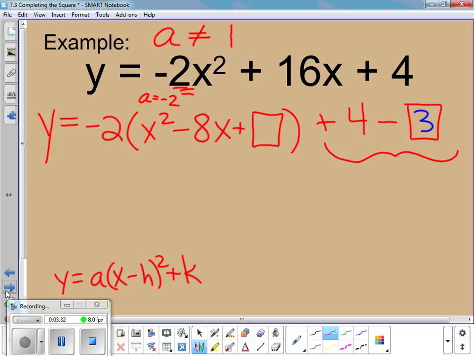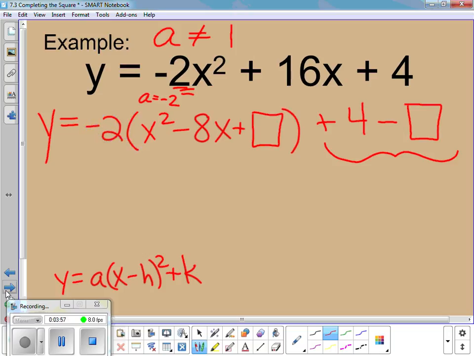Because if you're adding a 3 to complete the square, what are you really putting there? -6, okay? Because it's part of this group that is being multiplied by whom? -2. So that's where the dilation will have an effect. So if we added a 3, let's get to the number we do add here.